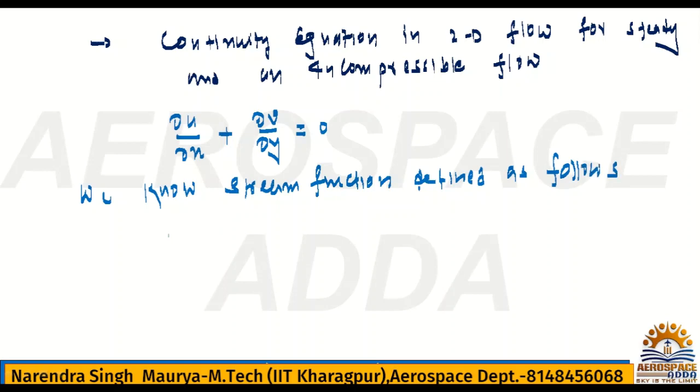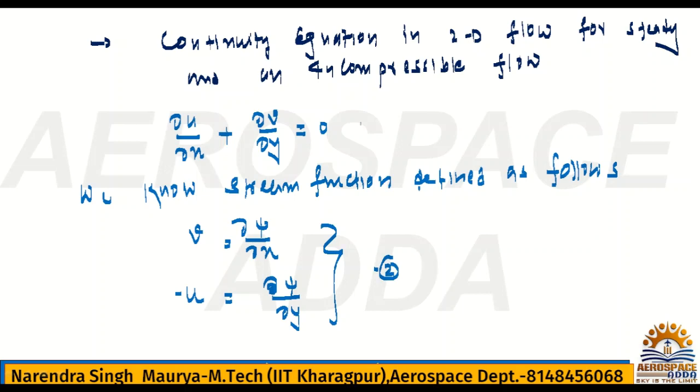What was that stream function? If you are taking derivative of stream function in x direction, then you will get velocity in y direction, which is v. Similarly, if you are taking derivative of stream function in y direction, then you will get velocity in x direction, but it will be negative sign. That I already have explained. So now you can say this is equation 2 and this is equation 1. We need to satisfy, u and v value we keep here in the continuity equation, and we'll see the result. Some interesting thing you may get.